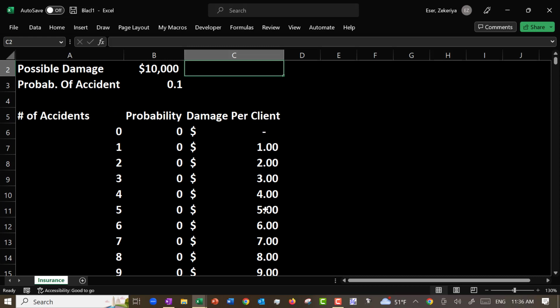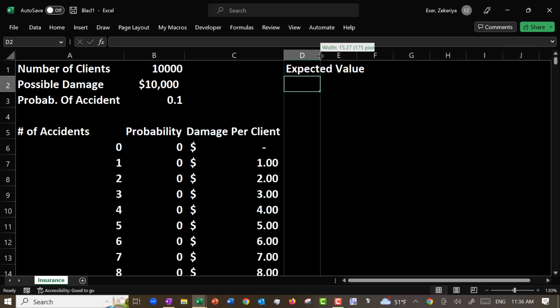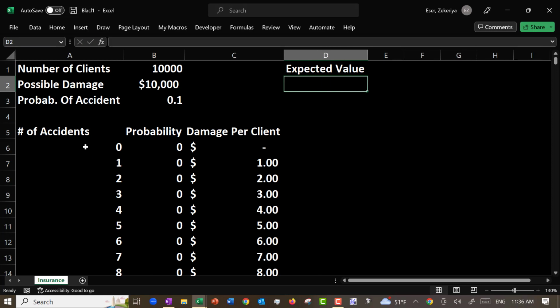Hence, expected value. You multiply probability of that much damage with the damage itself and add them up. And we have the sum product function to do that.